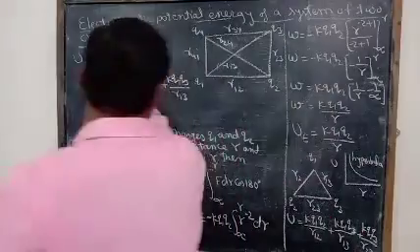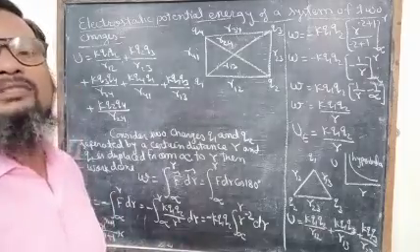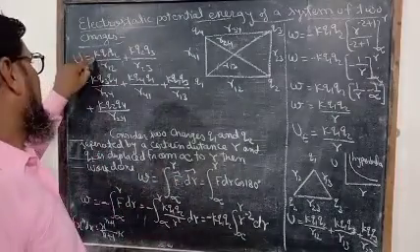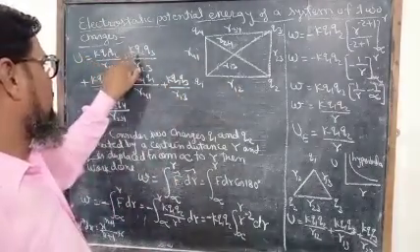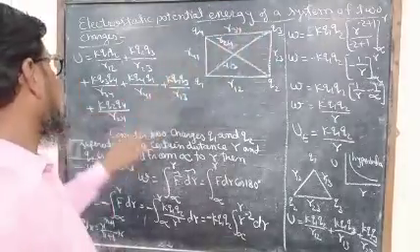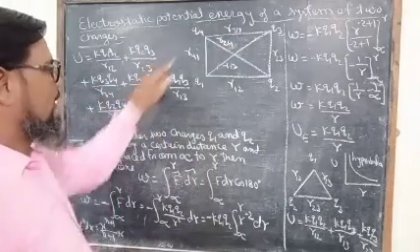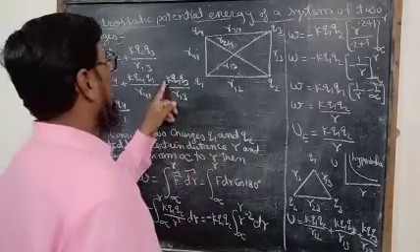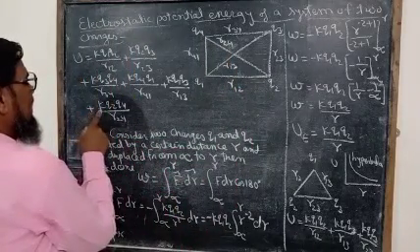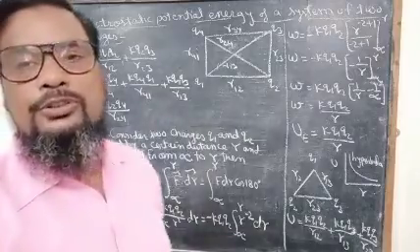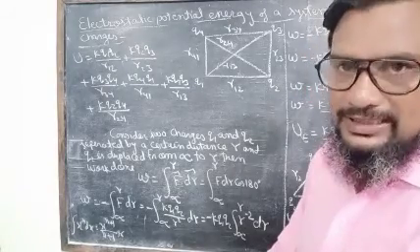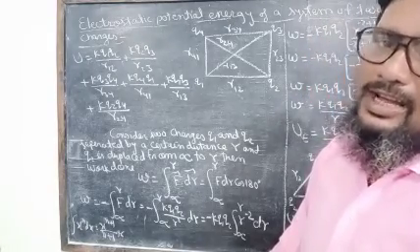U is equal to the total potential energy of the whole system of 4 charges situated at the vertices of a quadrilateral or square or rectangle: K Q1 Q2 upon R12, K Q2 Q3 upon R23, K Q3 Q4 upon R34, and K Q4 Q1 upon R41, and also we consider K Q1 Q3 upon R13, and the diagonal charges are also considered, plus K Q2 Q4 upon R24.